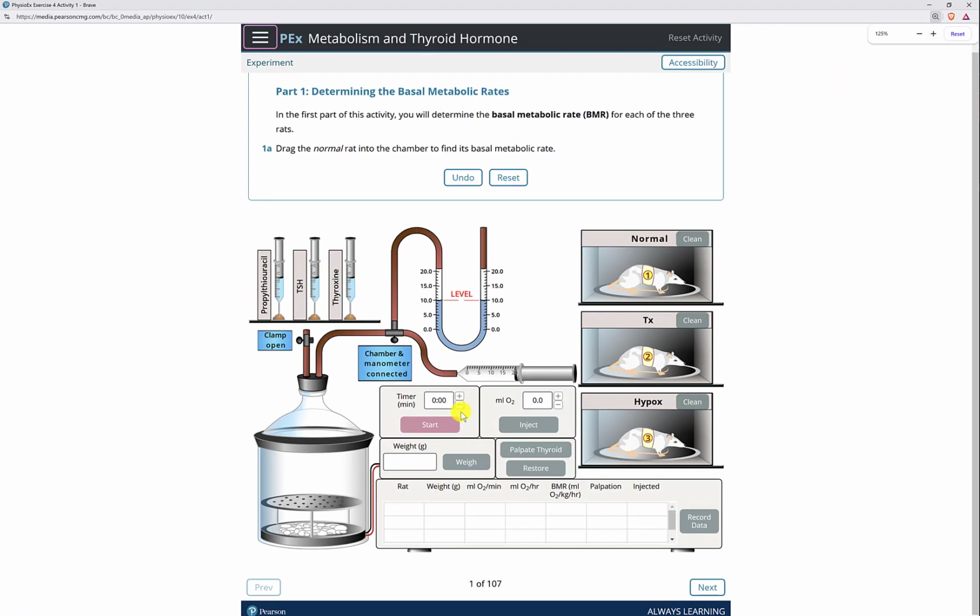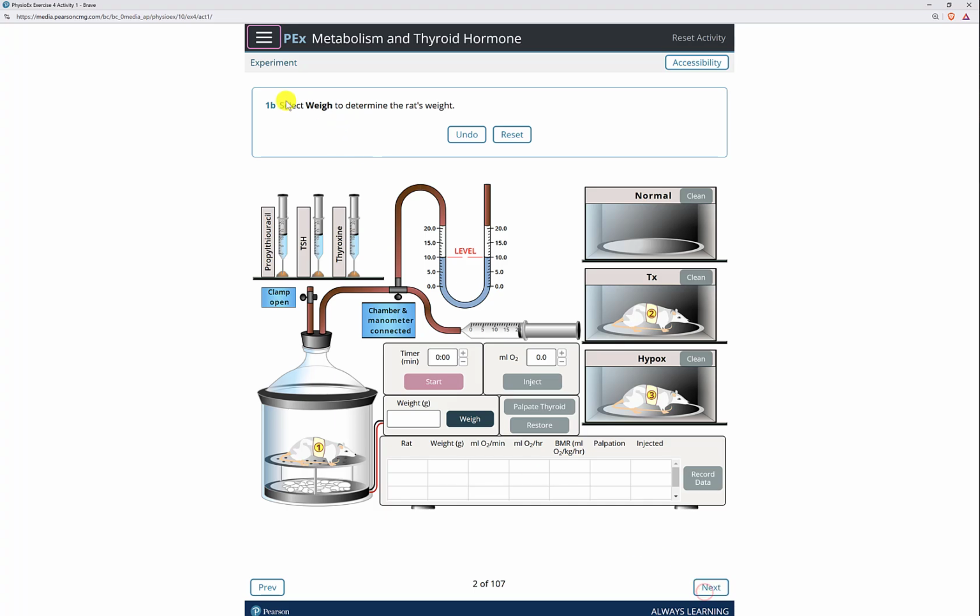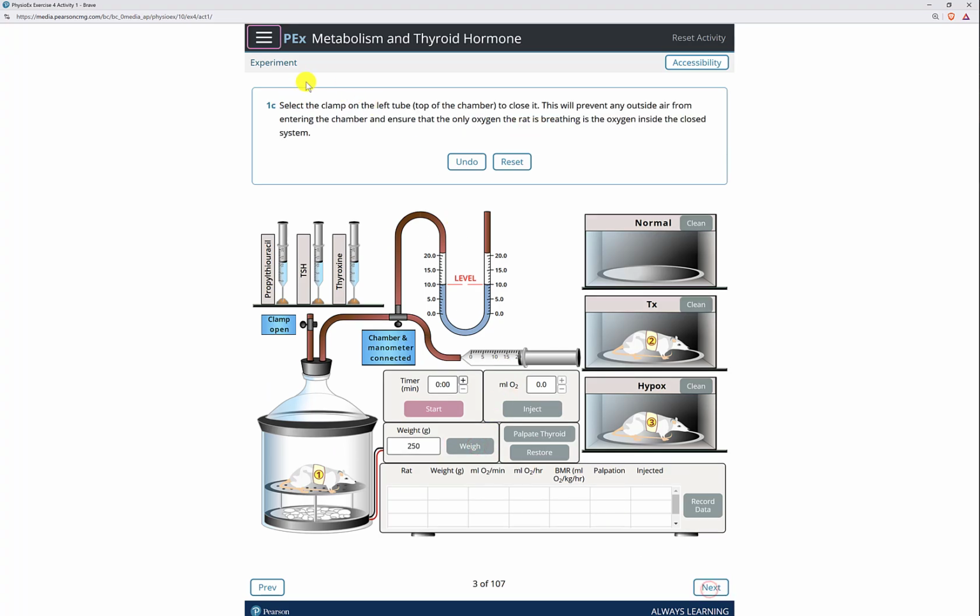I will show you the first few steps. See here, for example, it says drag the normal rat into the chamber to find its basal metabolic rate. Okay, this is the rat into the chamber. Next, select weight to determine the rat's weight. Next, select the clamp on the left tube, top of the chamber, to close it.